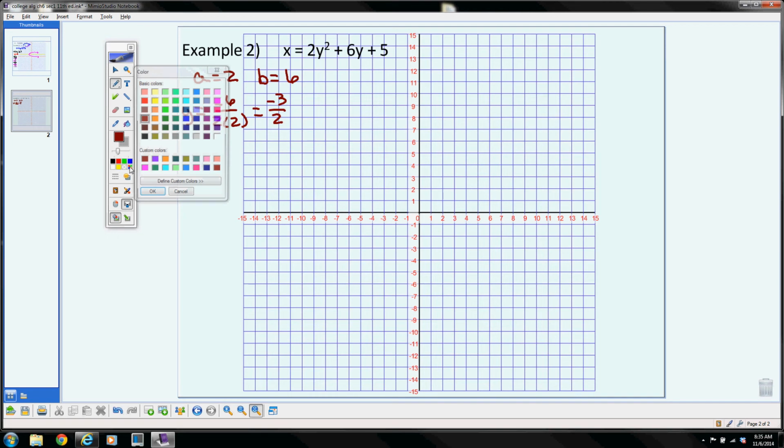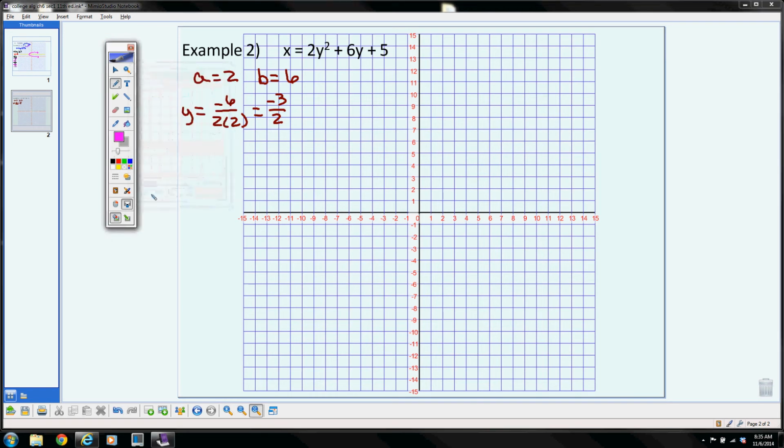Now to get the x value of our vertex, we take that negative 3 halves and plug it into the original equation. So it would be x equals 2 times negative 3 halves squared plus 6 times negative 3 halves plus 5.